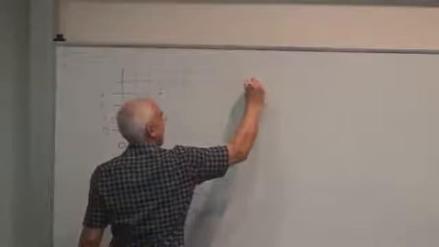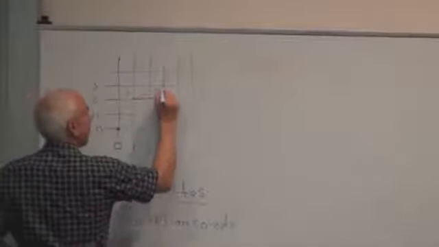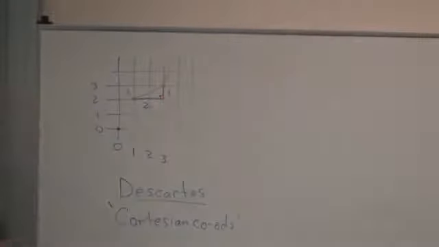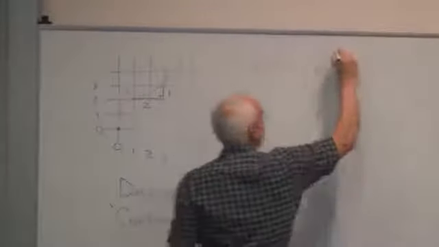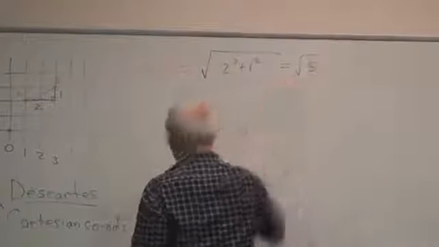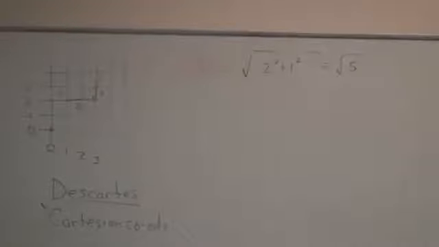Well, we can use Pythagoras' theorem exactly to find that, because right here is a little right triangle, and it has side length 2 and side length 1 there. And so the length is going to be the square root of 2 squared plus 1 squared, which is the square root of 5. And calculating the square root of 5 is not an easy thing to do. Even if you use a calculator, you can still only get it approximately.